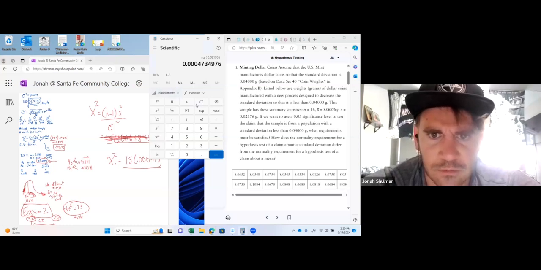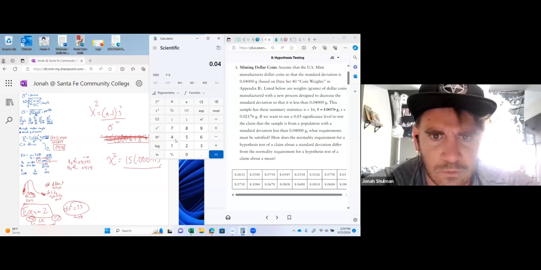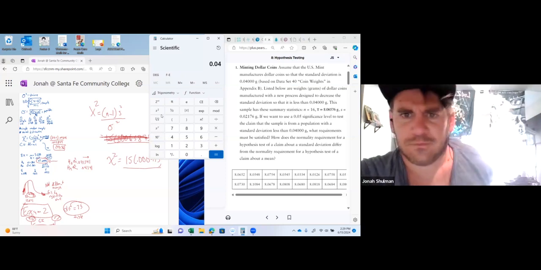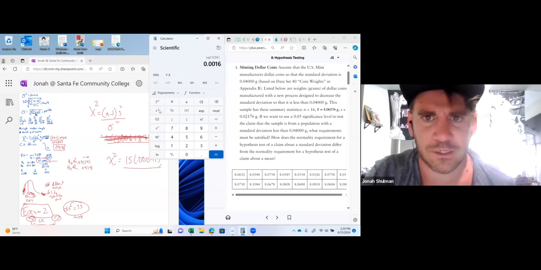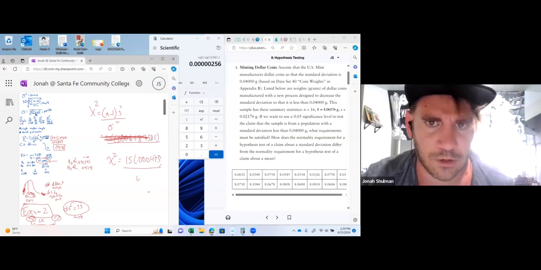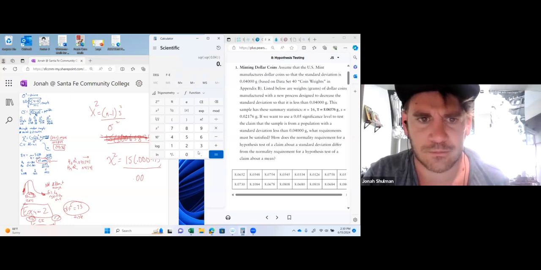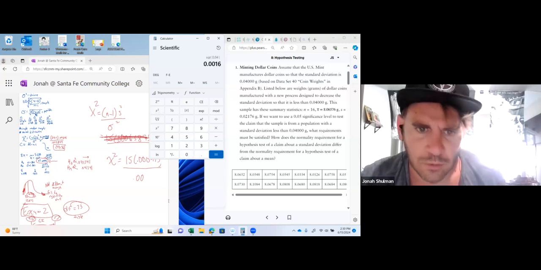That's the standard deviation. If I want the variance, I have to square it. So 0.0016.